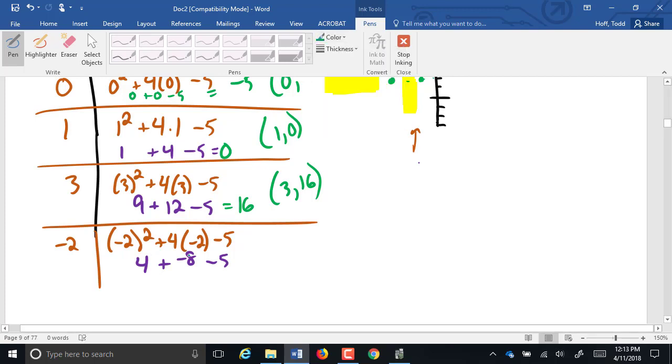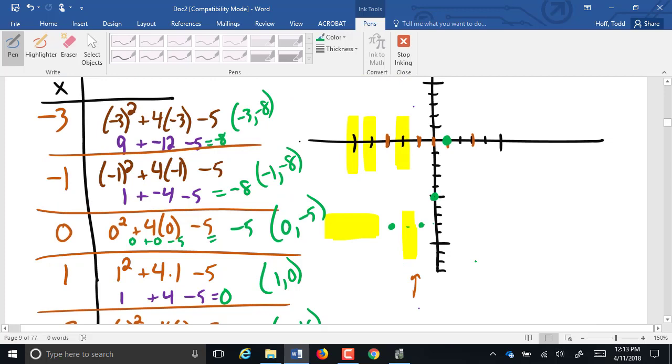So 4 plus -8 is -4, plus -5 is a -9. So when x is -2, y is -9. So -2, -9 is right there. That gives us an idea what happens between those 2 points. We can see this is curving and going back up at that point. Let's pick a point over here. Let's do x equals -5. That'll be right there.